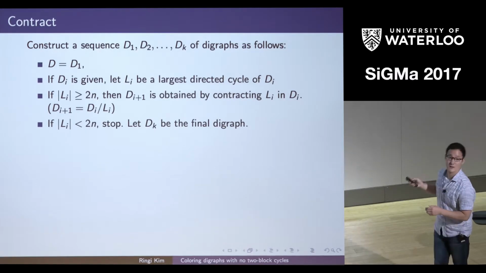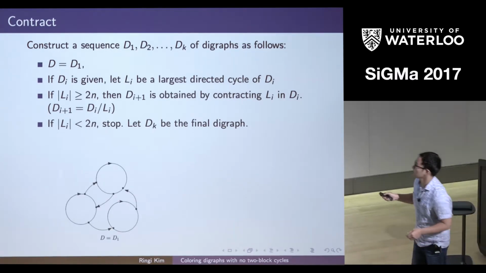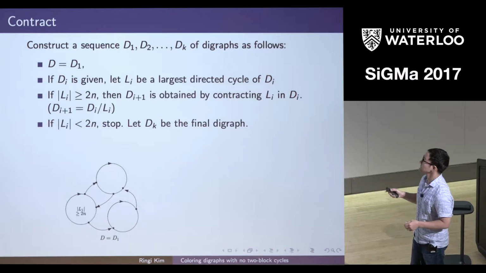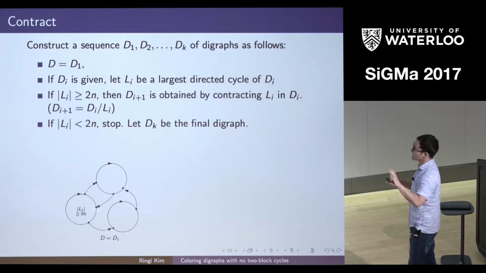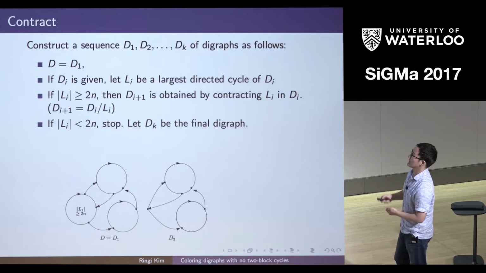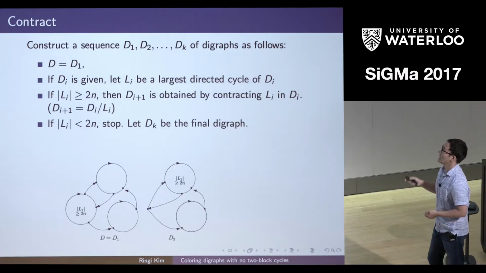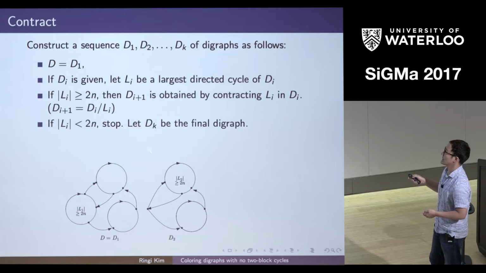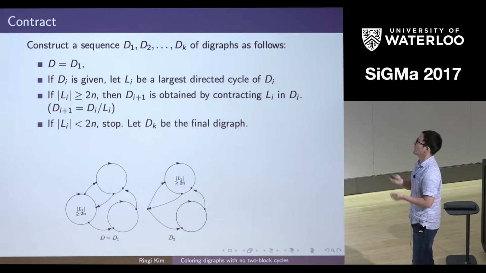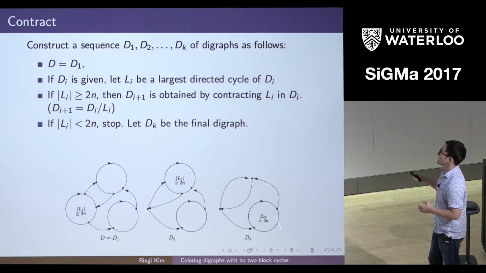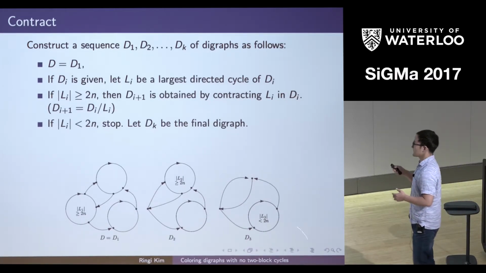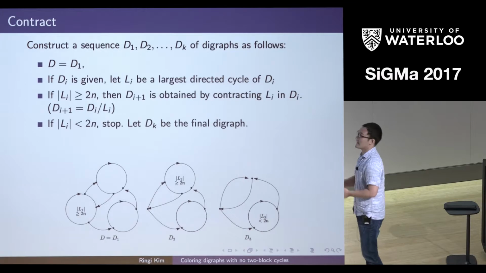So for example, this is the given D, and if its largest cycle has length at least 2n, then we contract and we obtain D2. And this is the largest in D2 and its length is greater than or equal to 2n, then we contract, and the largest cycle has a length less than 2n, then we stop.